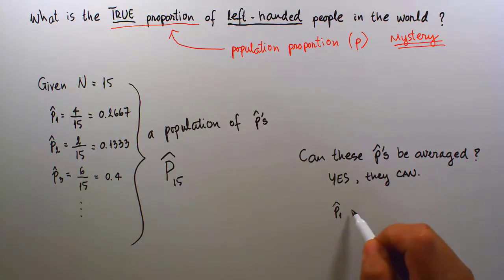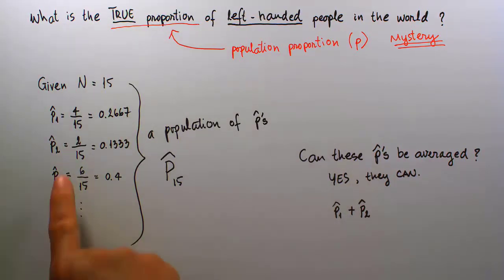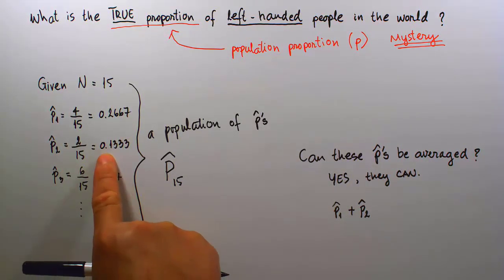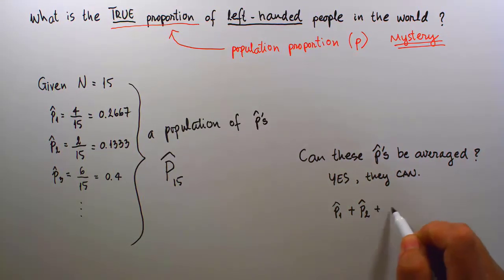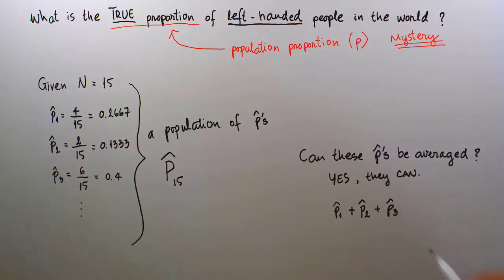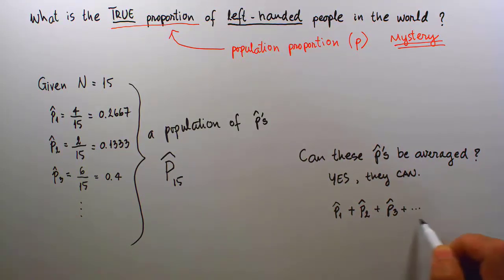We're going to take our p hat 1 and add it with our p hat 2 value, where we can go with decimal being 0.1333 or 2 out of 15. Then we add our sample proportion number 3 being 0.4 in decimal or 6 out of 15 in fraction. And we keep adding up all of the sample proportion values that we can ever end up with. And here, of course, without knowing how many more there will be out there, I'm going to leave dots.